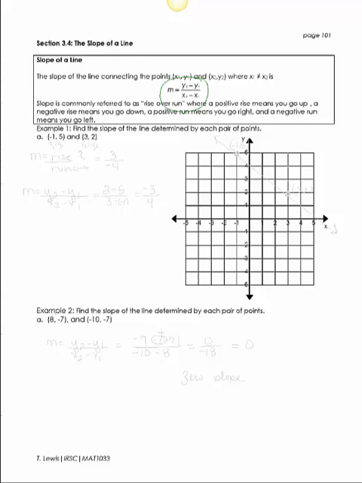So let's try that. We have (-1, 5) and we have (3, 2). So we're going to connect the points.